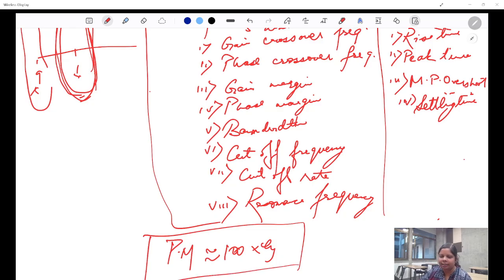This is not a direct relation, it does not come from a formula, but it is an approximation. It works only when zeta is less than 0.7, then this holds true.